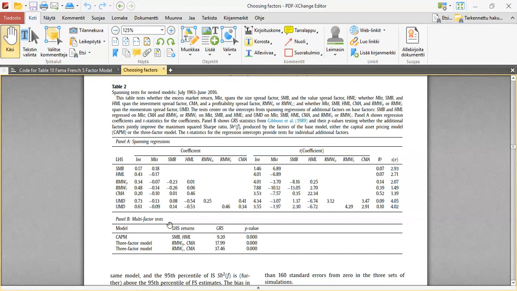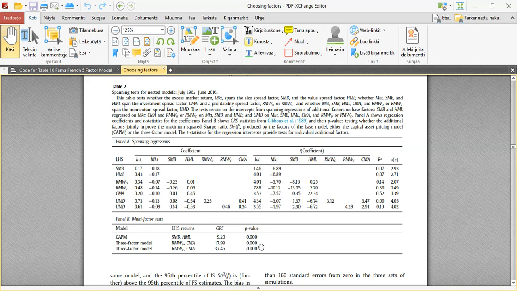We know already from the t-statistics here that both indicate significance on any level, and this is also what we see here. If we do the simultaneous test, the test statistic is 17.99.